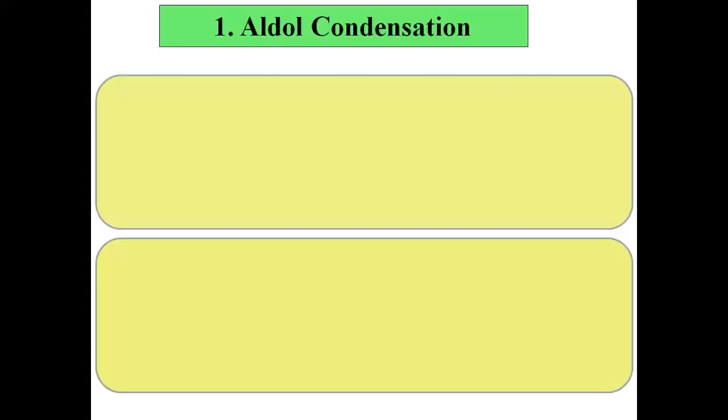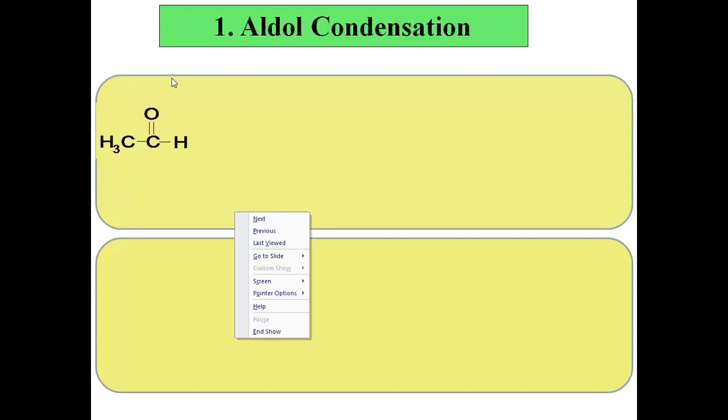Let us start with the first one, very simple, well-known reaction, आपण बघूया, aldol condensation. Actually, this reaction is shown by those carbonyl compounds which have at least one alpha hydrogen atom. Means suppose this is acetaldehyde molecule.